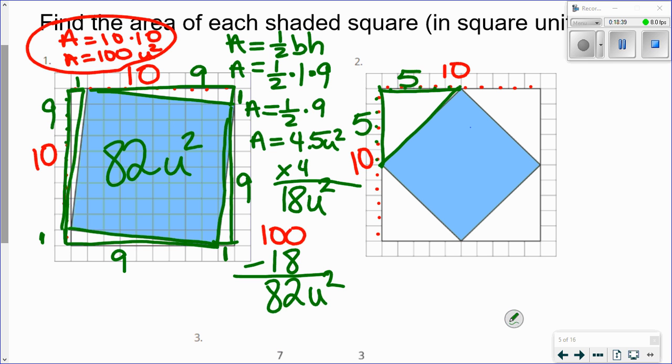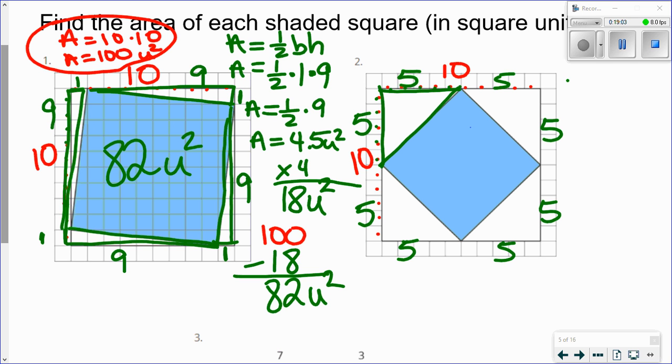And if I count the others, again, it's 5 by 5, 5 by 5. So I can use that similar strategy like I did with problem 1. I'm going to calculate the area of one of the triangles, multiply it by 4, and subtract it from the area of the entire figure, which was 100.